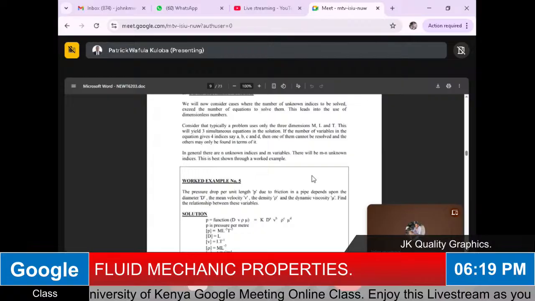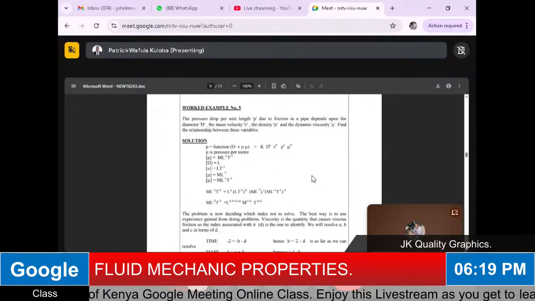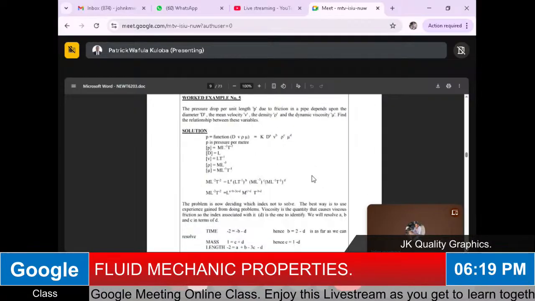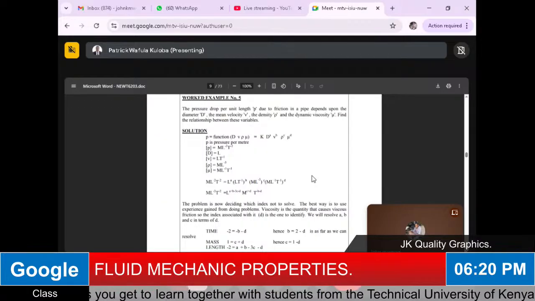You can see the MLT equations are there. So you have to expand. We have M raised to minus 1. Just write that. Expand and write that.